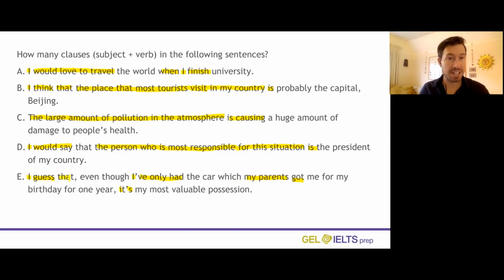We've got "that" is one linking word. "Even though" is a linking word or phrase. And we've got "which" is another linking word or phrase. So 3 linking words and 4 clauses in that sentence. So A, B, C, and E are all examples of complex sentences because they have 2 clauses or more joined by linking words.